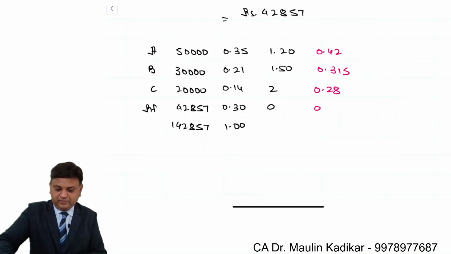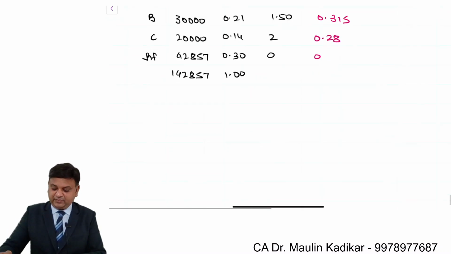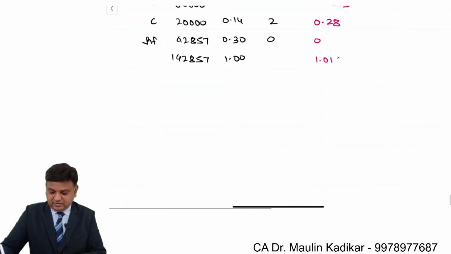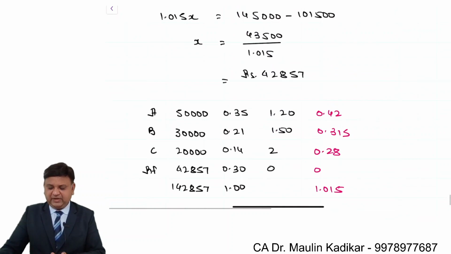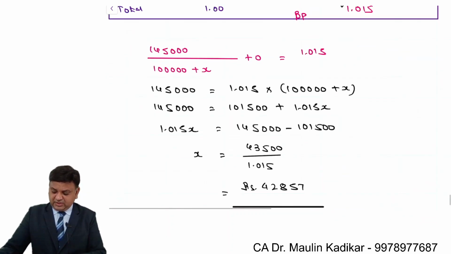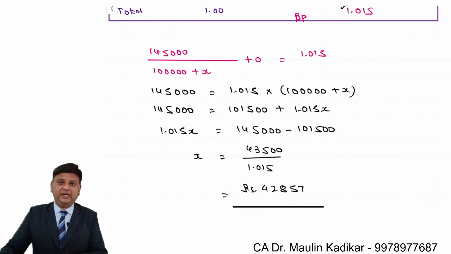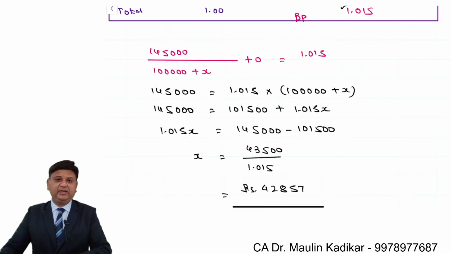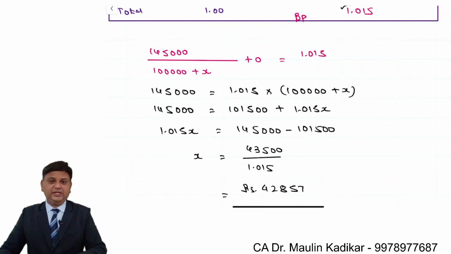So 0.42 plus 0.315 plus 0.28 is exactly 1.015 as we desire. This is the way we can have the cross verification, but that is of course not required in examination. Our answer comes to an end at this point of time. This is the way we can compute the additional investment to be made.